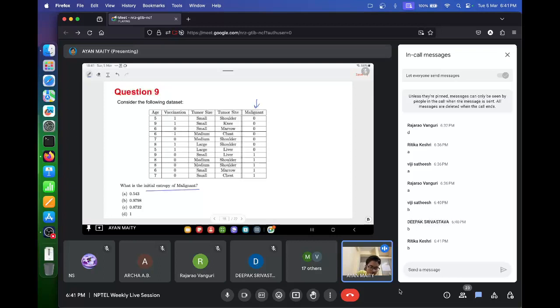Ritika Kesri is saying option B. Raja Rao is saying option B.